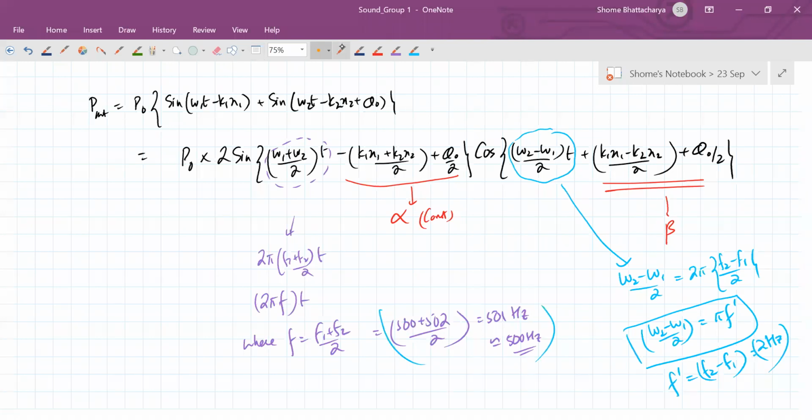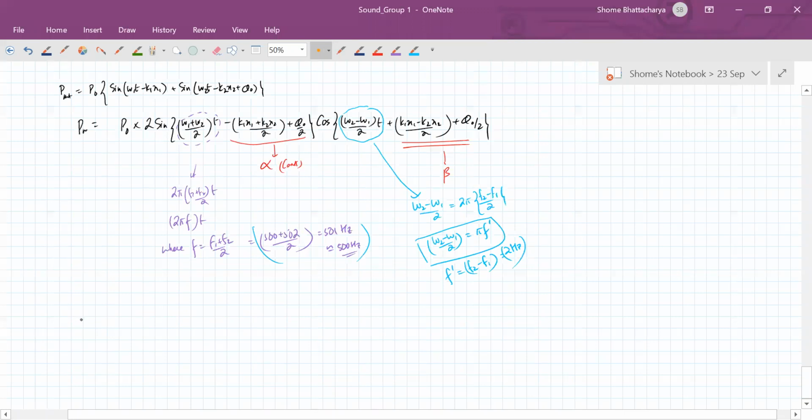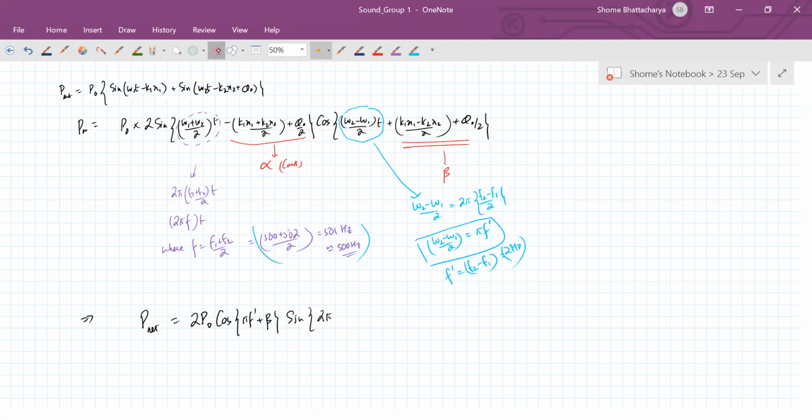So with all this further analysis, now you can see that we can write the net pressure variation as 2 p naught, now I'll bring this term here, cos pi f prime t plus beta into sine, sorry, pi f prime t.